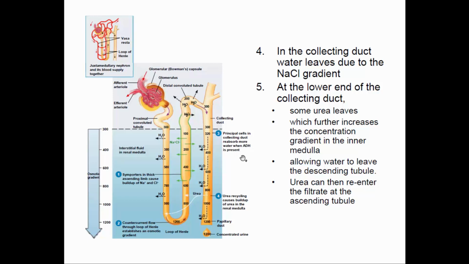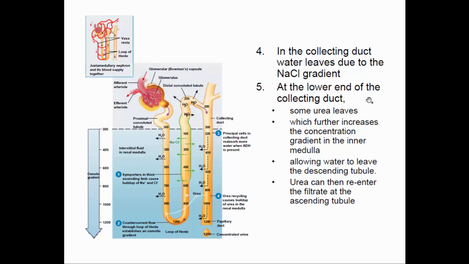So in this case, the ADH is present, and it's allowing for more permeability of that water. And since there's more permeability, it's going to get sucked into the interstitial tissue here because of this sodium chloride being pumped out into the tissue. So we are beginning to concentrate the urine once again.